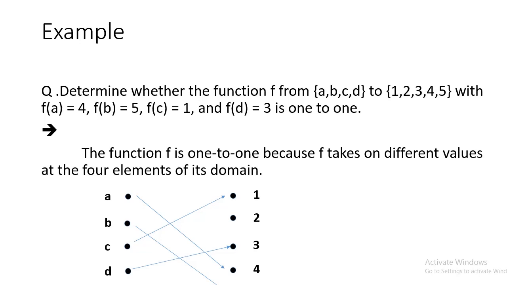Here a maps to 4, b maps to 5, c maps to 1, and d maps to 3. So the domain elements do not map to the same image in the codomain. That's why it is called one-to-one. It means no two domain elements are mapped to the same image.